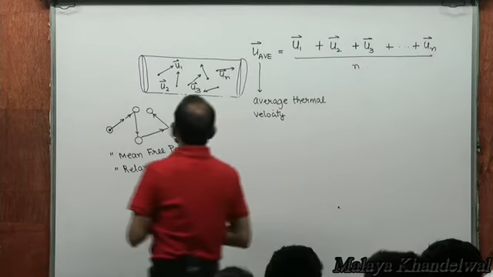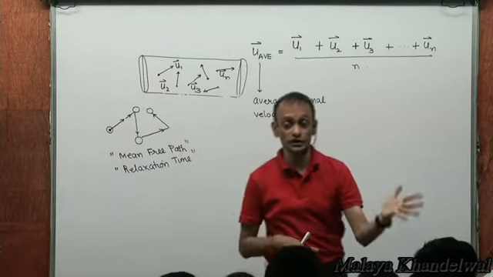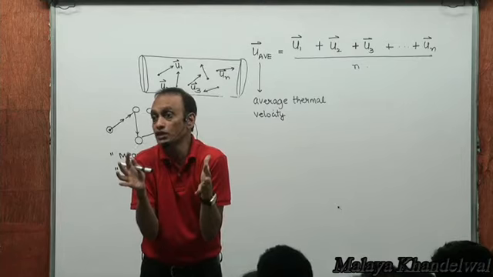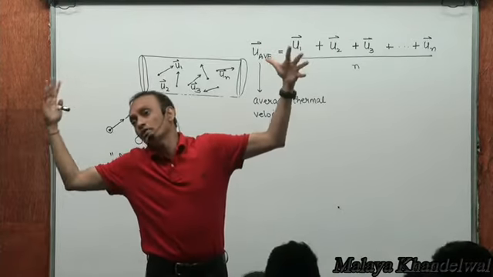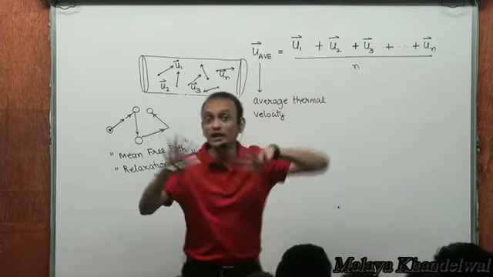And these directions are random. Direction of u1, direction of u2, direction of u3, direction of u4. They are random directions, right? Directions are truly random, because in a piece of conducting matter there would be a large number of electrons. N would be large.